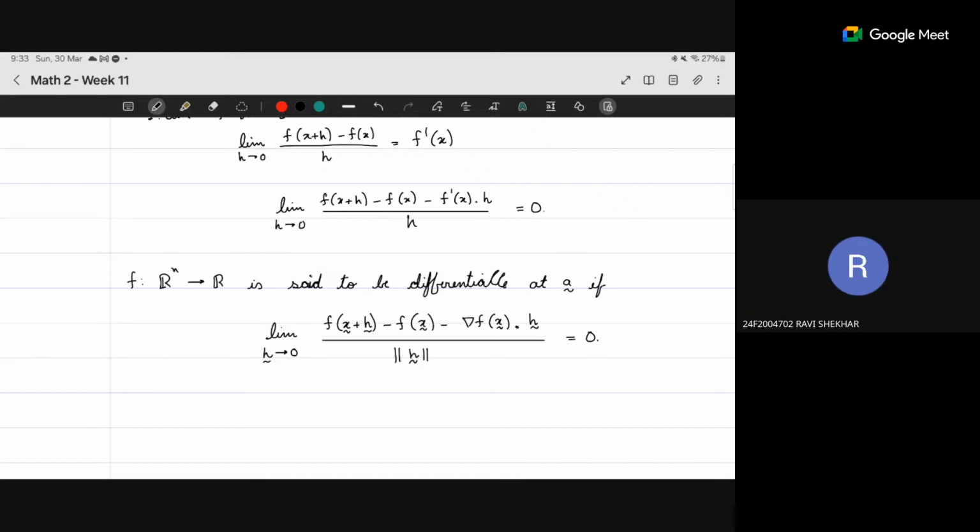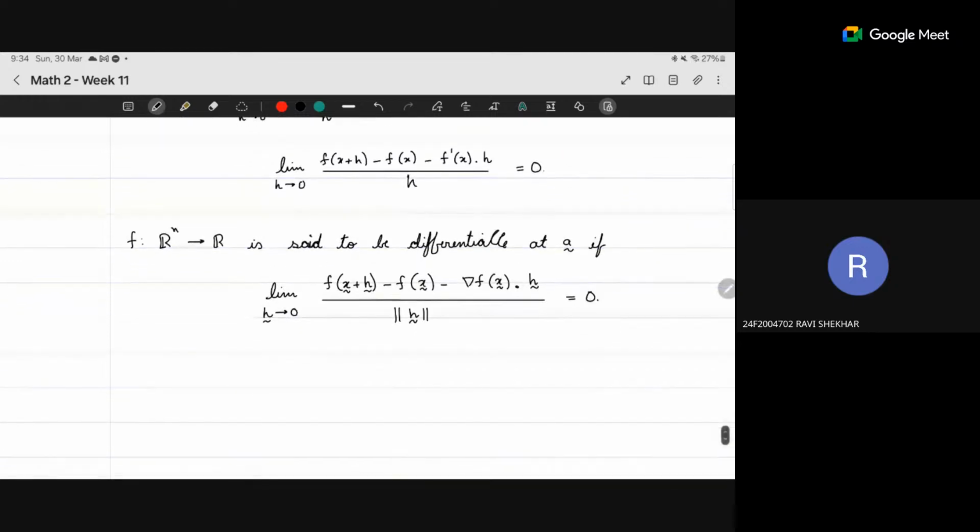First of all, the partial derivatives have to exist and the gradient has to satisfy this equation, which means that this limit exists and is equal to 0. The limit of f of x tilde plus h tilde minus f of x tilde minus gradient dot with h tilde, divided by the norm of h tilde. So it is a direct generalization of this, making obvious necessary changes so that all the quantities make sense.